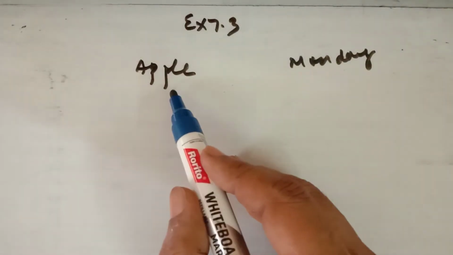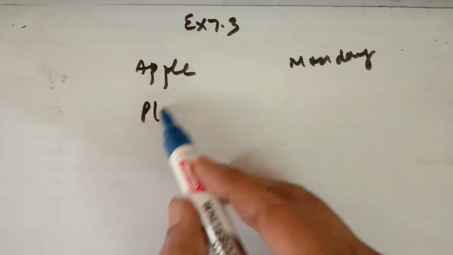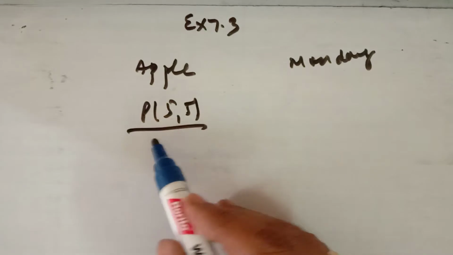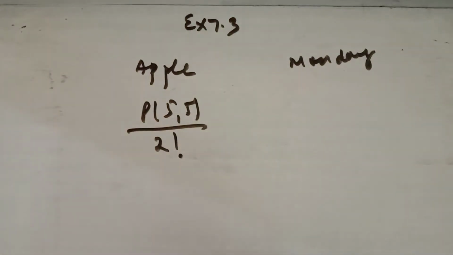But here the P is repeating, so permutation of 5, and the alphabet which is repeating, you have to divide by the factorial of the number of times it repeats. P is repeating 2 times, so divide by factorial 2.